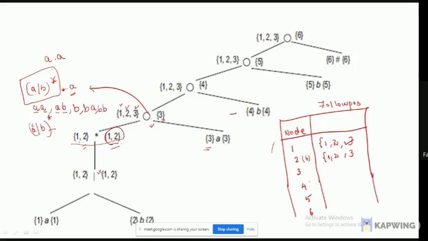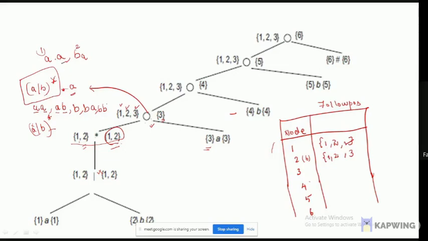In the same single occurrence, instead of A, if I choose B, then the string generated by this regular expression is B, and it is followed by A, right? So BA. For A, I have already given the number 1. For B, I have given the number 2.